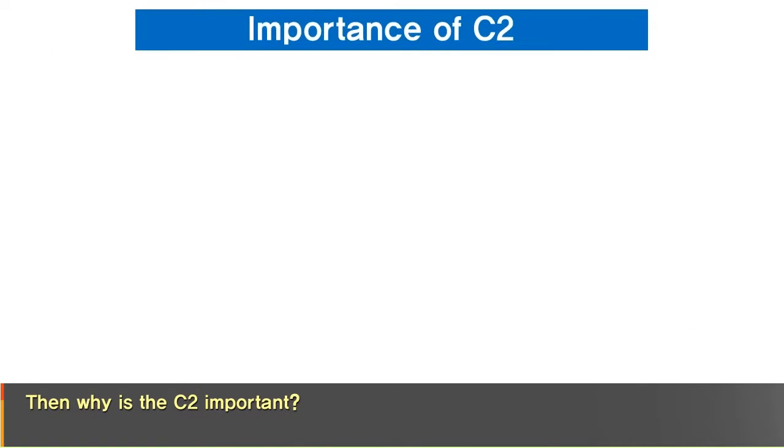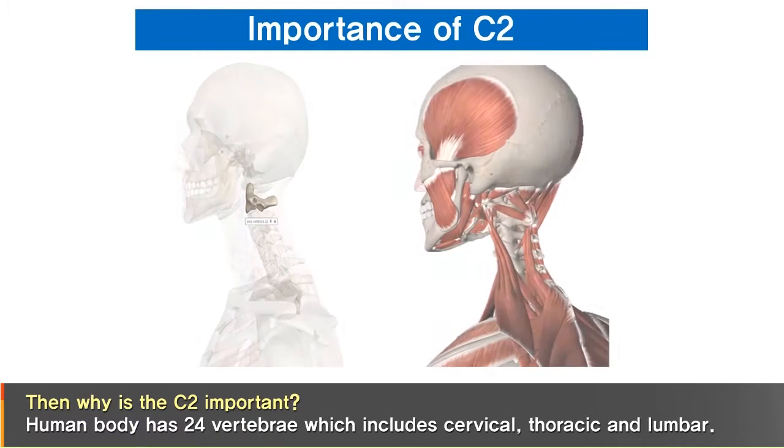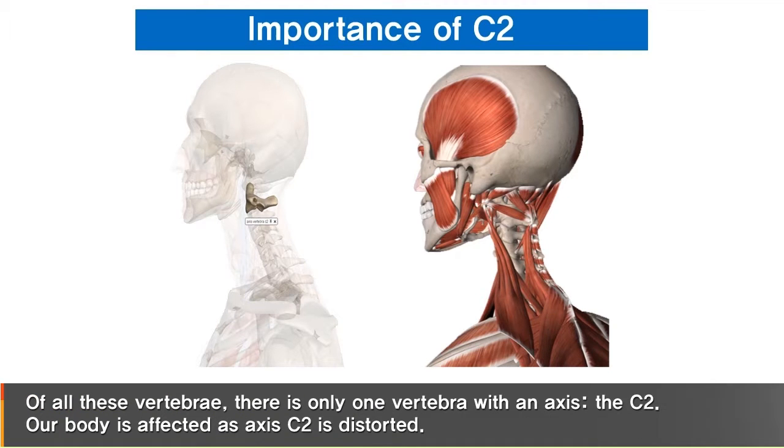Then why is the C2 important? The human body has 24 vertebrae, which include cervical, thoracic, and lumbar. Of all these vertebrae, there is only one vertebra with an axis, the C2. Our body is affected as axis C2 is distorted.